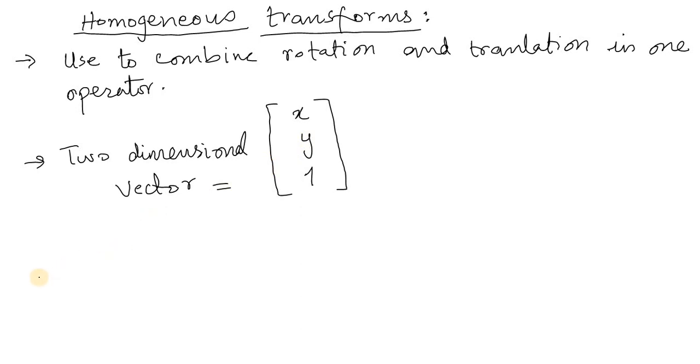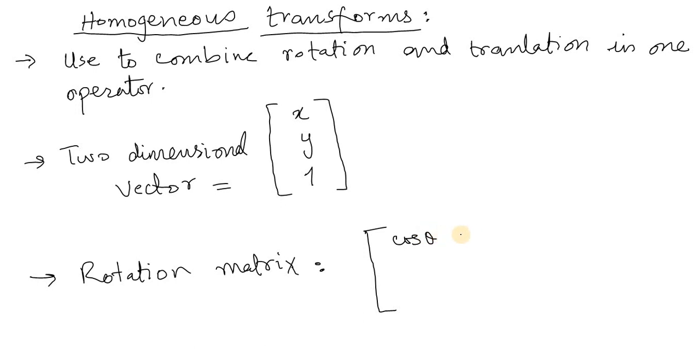And then your rotation matrix will look like something like this. You have cosine theta, then minus sine theta, and then you have sine theta, cosine theta, and here you have 0, 0, 1, 0, 0, and this is how your rotation matrix will look like for homogeneous transforms.